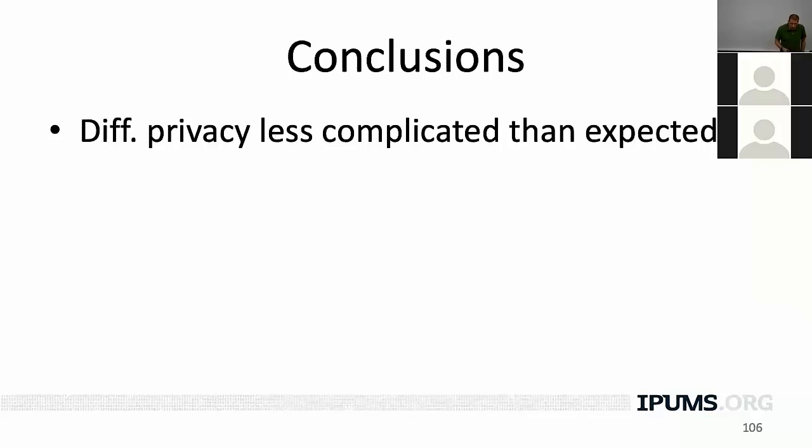All right. So in conclusion, what I hope I've done here is tried to demystify differential privacy, and I think it's actually less complicated than I expected. When I first started reading this in the fall, when Steve was working on the white paper, I would read these papers and my eyes would glaze over. All I would see were formulas and proofs and algorithms for how it was done. Once we actually saw the data and could work out the arithmetic, all of a sudden a lot of things clicked in my head.